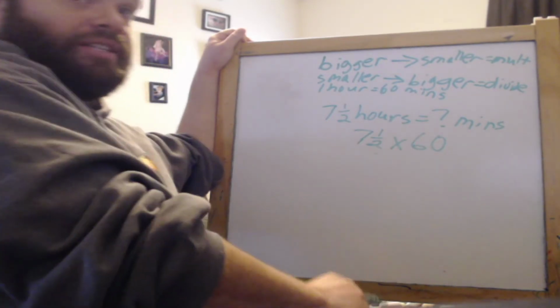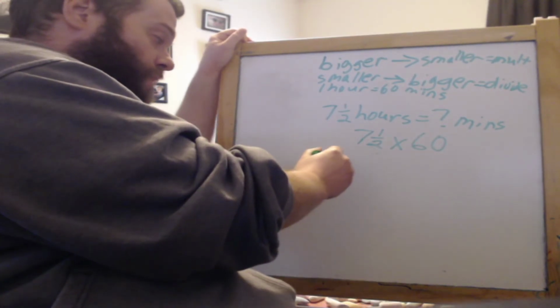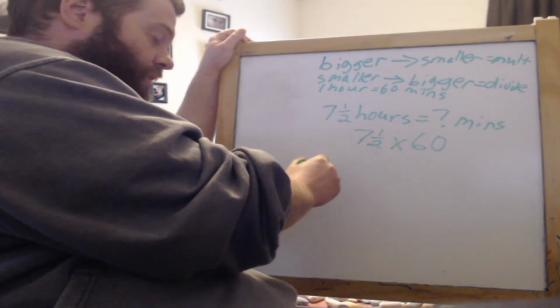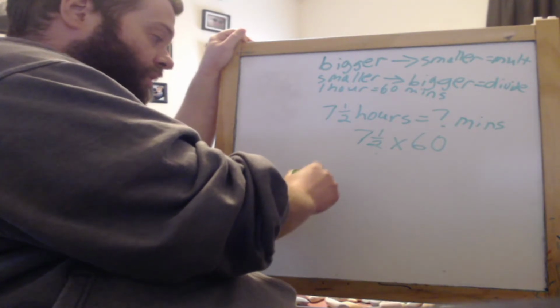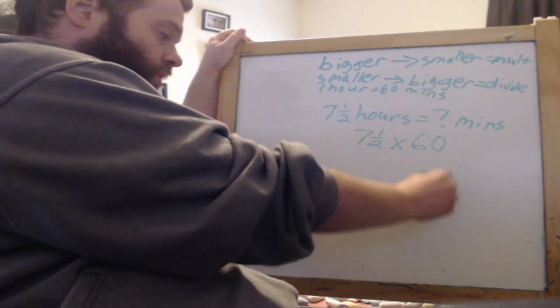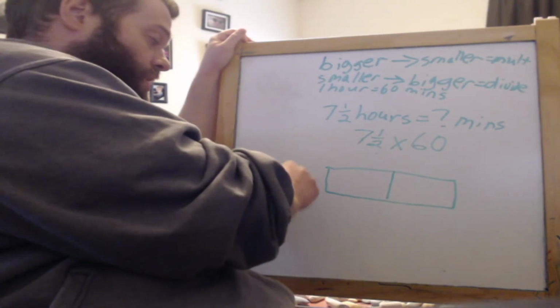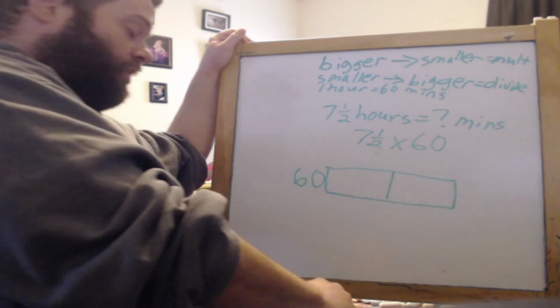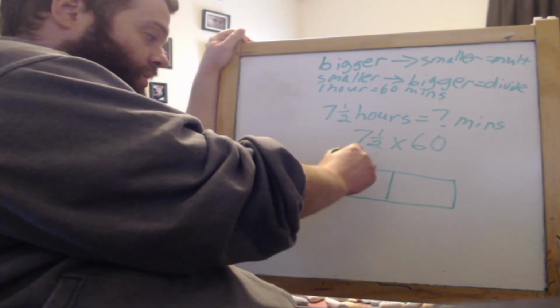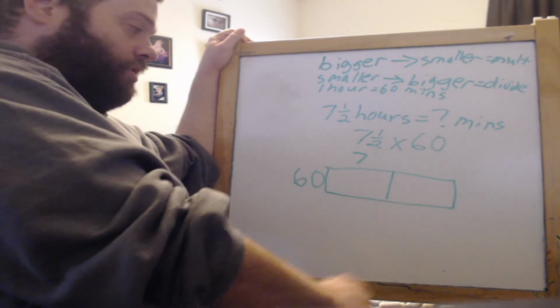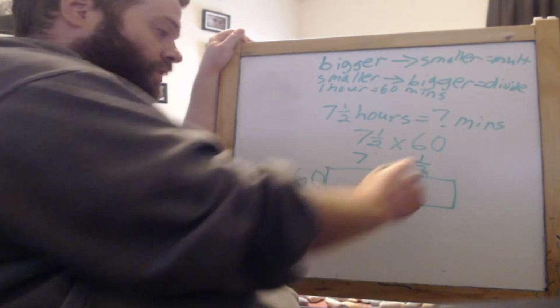And it's basically like the window method. So how I like to do it is, it's like the window method of multiplication, and I put 60 over here, and then I would put 7 here, and then 1/2 here.